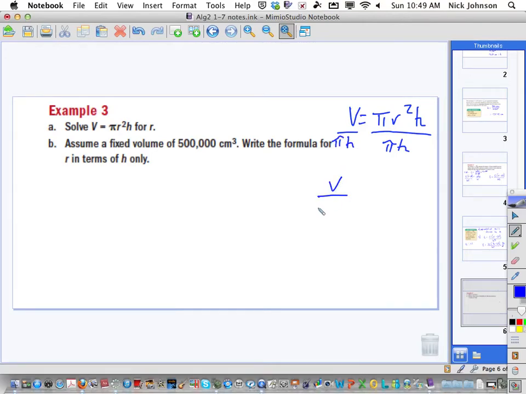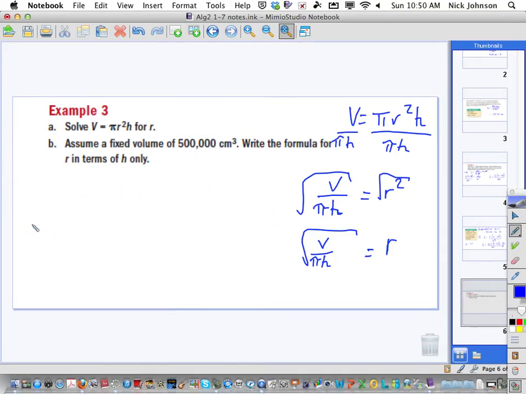So V over pi h equals r squared, but I only want r, so I have to take the square root. So r equals the square root of V all over pi h. Assume a fixed volume of 500,000. Write the formula for r in terms of h only.